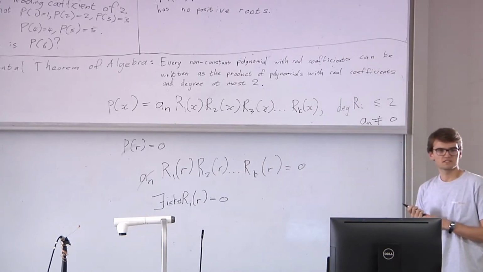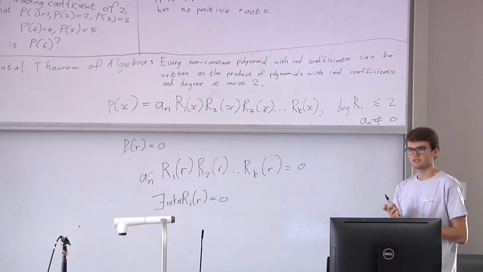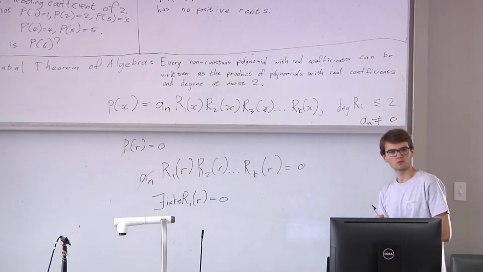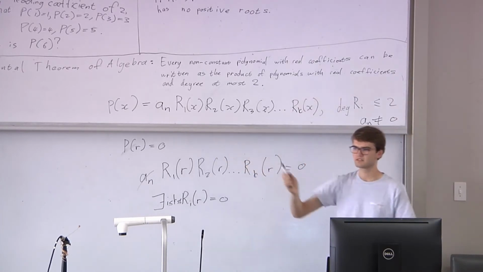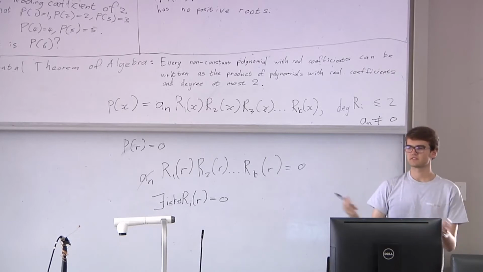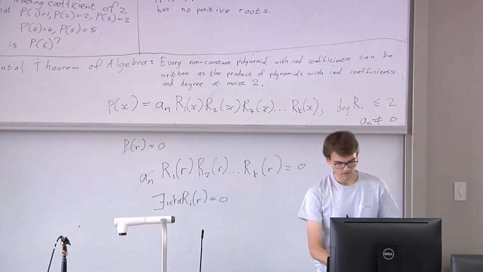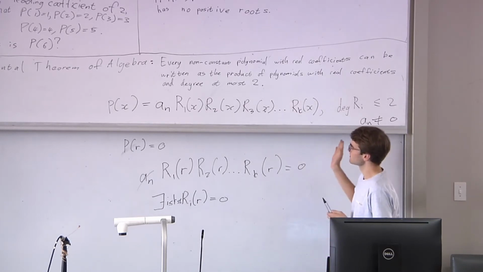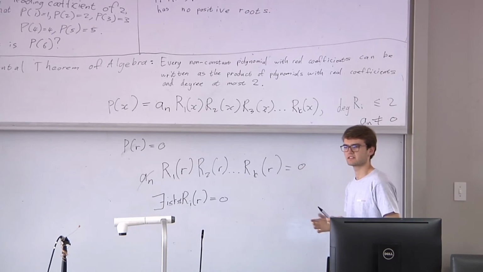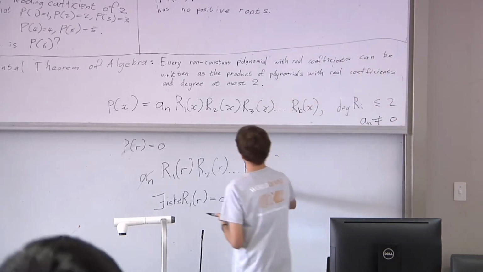So this is significant because it means if you want to find the roots of a polynomial, all you have to do is factorize it into linear and quadratic terms, and you can find the roots of those. You can find the roots of the original polynomial. So we need a way of solving linear and quadratic polynomials, so then we can solve everything.